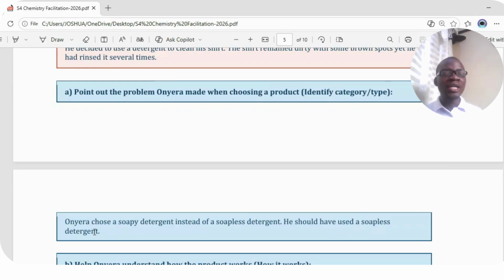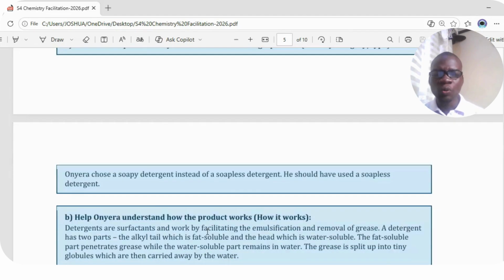And we know very well that the type of detergent which is not good in hard water is soap detergent. Meaning this Onyera must have used soap detergent. That's why we said Onyera chose a soap detergent instead of a soapless detergent. Or you can say he should have used a soapless detergent. As simple as that.